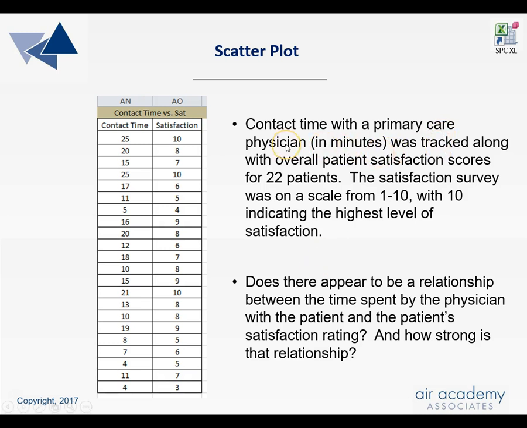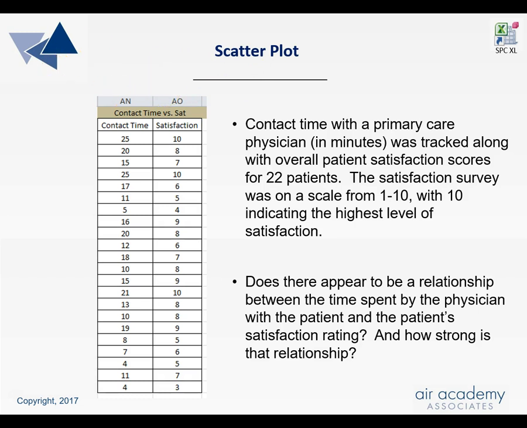So, I want you to know that when we talk about a relationship between two variables, there are two measurements being taken on the same entity in the sample. The sample is 22 patients, and we're measuring two things on each patient: the contact time and the customer satisfaction, or the satisfaction of the patient.